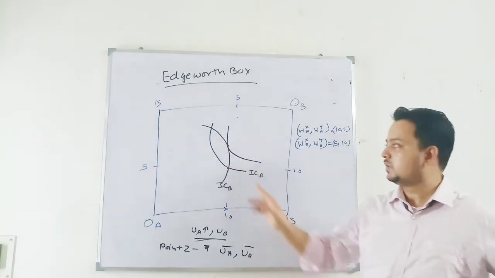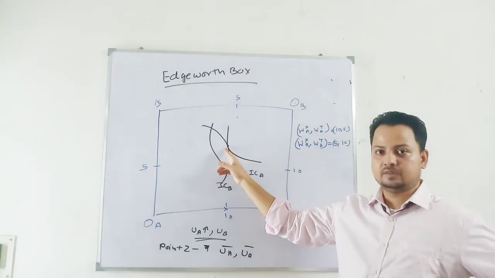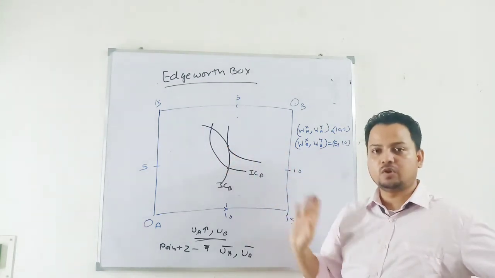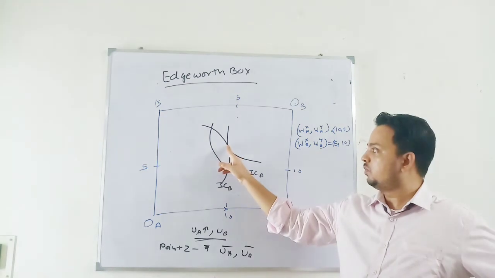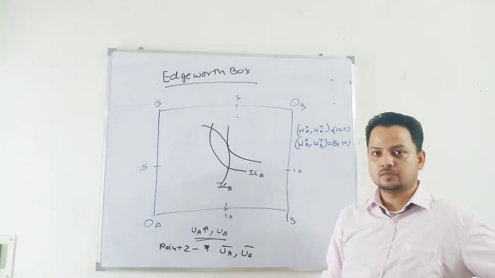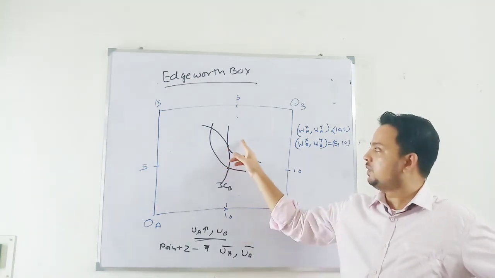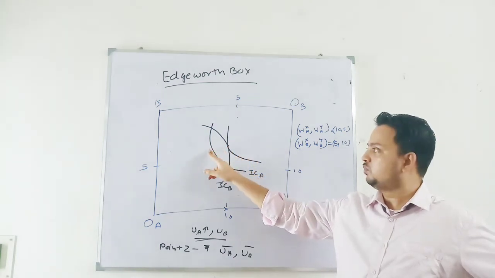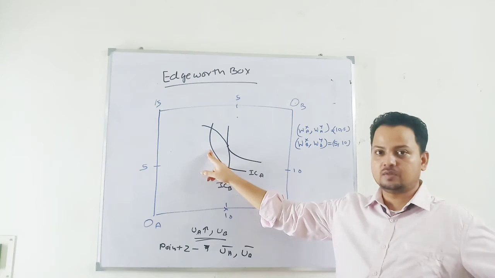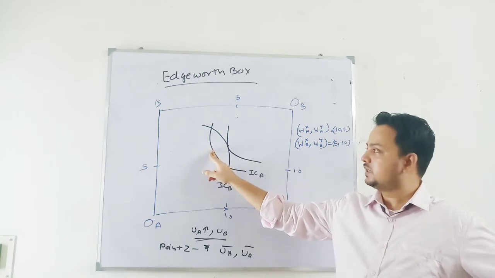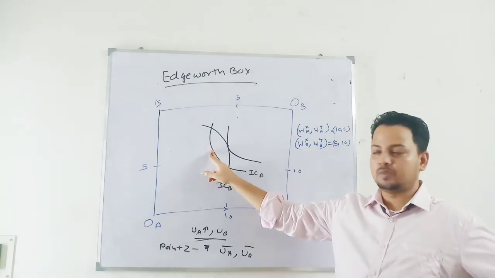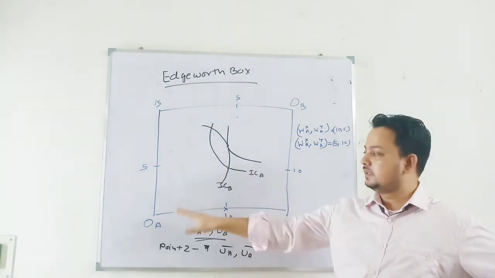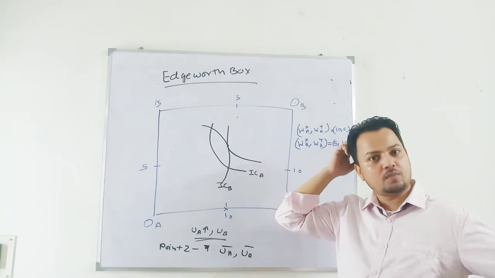It means that it is not possible to make someone better off without making another worse off. If we want to move from this allocation, either A will be better off and B will be worse off, or, if I want to move here, that I will discuss now. So this is the position of Pareto improvement. After that, there will be a decrease in the utility of A but an increase in the utility of B.